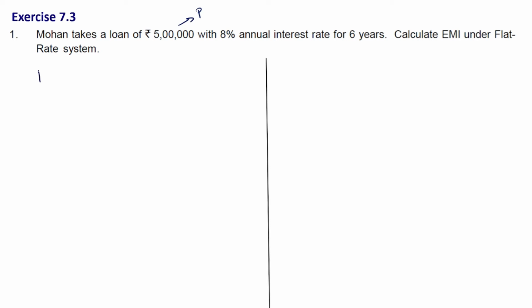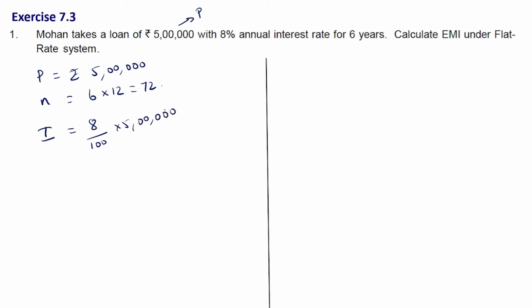First let us write what is given. P is rupees 5 lakhs. N is 6 years. Number of payments will be 6 into 12, 72. For finding EMI using flat rate system, we need to know the total interest, capital I. Total interest is 8 by 100 into 5 lakhs, which is the yearly interest.